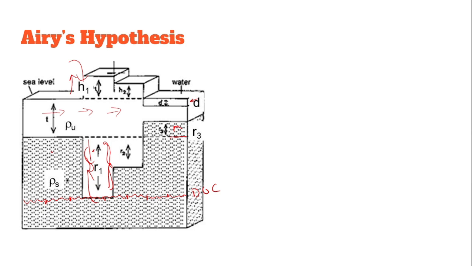I will take one point here as A, and as I need to calculate R1, the root, I will take a point B here and equate the pressure at A to that at B. This will give me my R1 given other parameters. So for that I can easily write down pressure in the form of rho g h, which is the lithostatic pressure at any depth or at any point h.